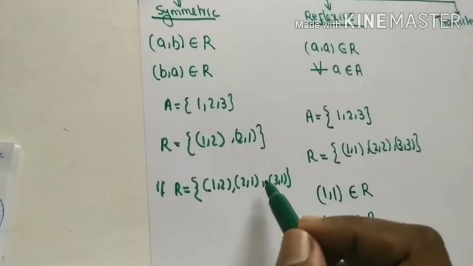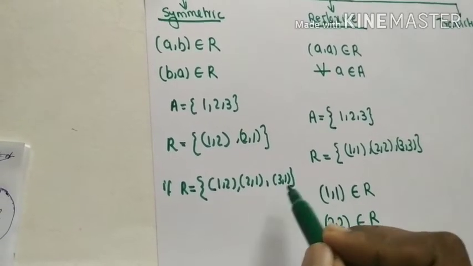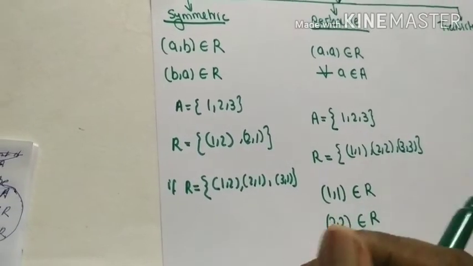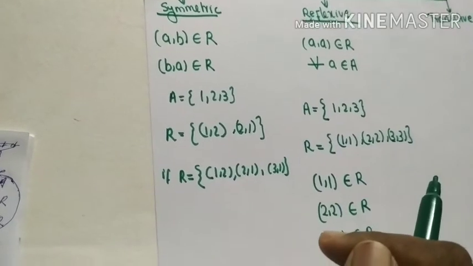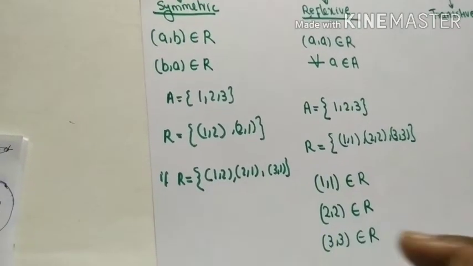So this is symmetric, but if I pick (3, 1) here, the reverse (1, 3) is not present in this relation. So we cannot say that it is symmetric. Okay.